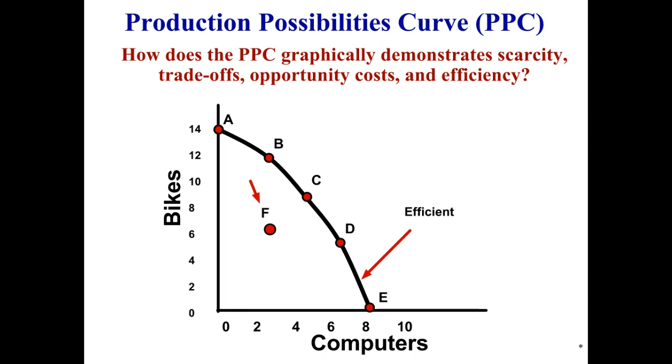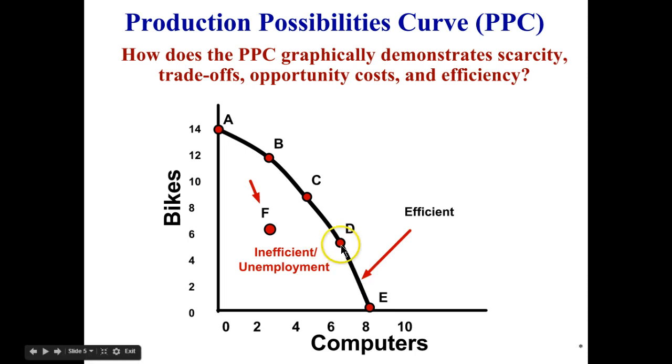Now, if I show you this point F, notice how it's inside this particular production possibilities curve. So it's inside it. So what do you think that might mean? Well, we're going to call that inefficient.